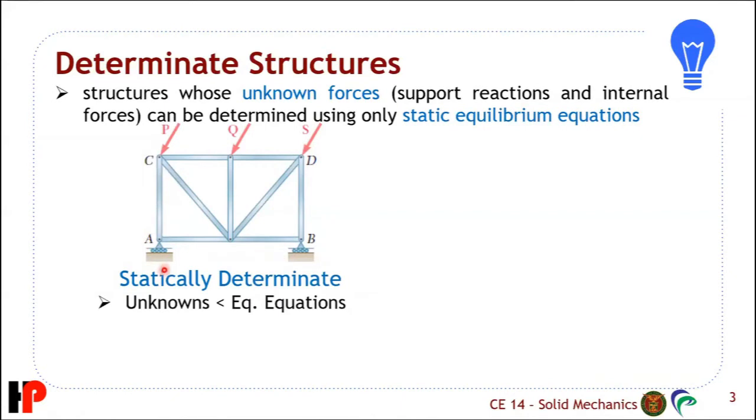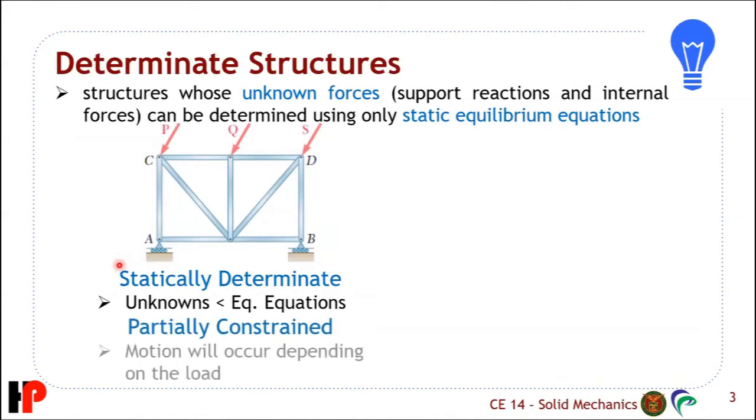Summation of moments at A, we find the reaction at B. Summation of moments at B, we find the reaction at A. So we can still find the vertical reactions. But it is only partially constrained. Partially constrained means the motion will happen depending on the loading. If the loading is purely vertical, for example, no motion. But if you have horizontal loading, it would now translate horizontally.